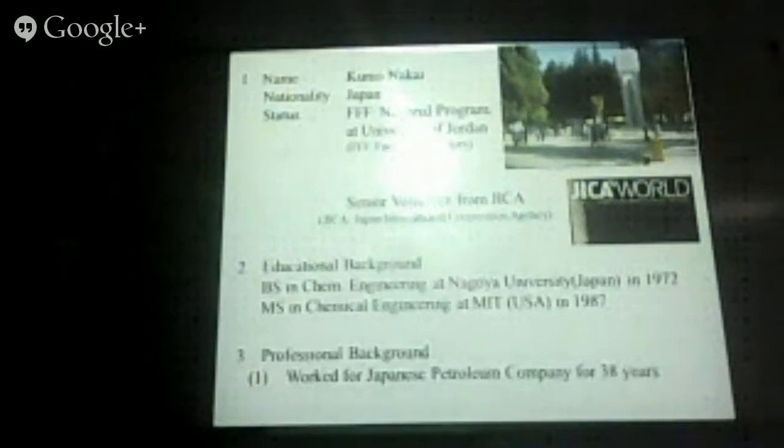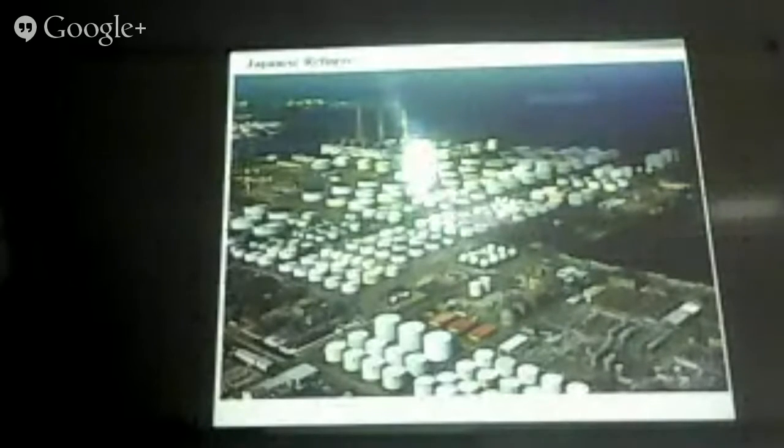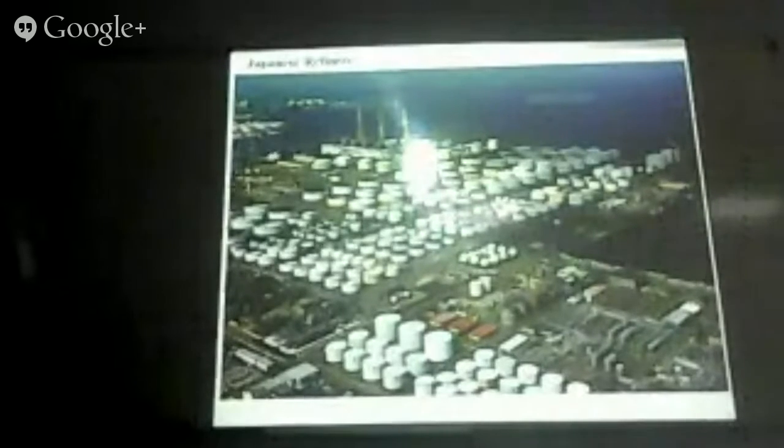I worked for 38 years for the Japanese petroleum company. This picture shows the Japanese petroleum refinery, where I started my job career just after graduation. It's on the seashore line, and this area is Tokyo Bay.